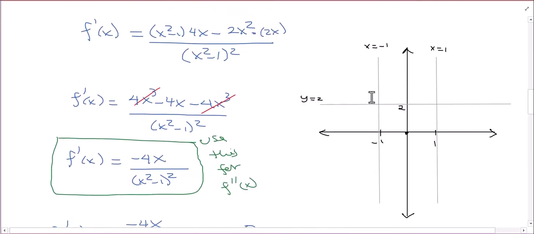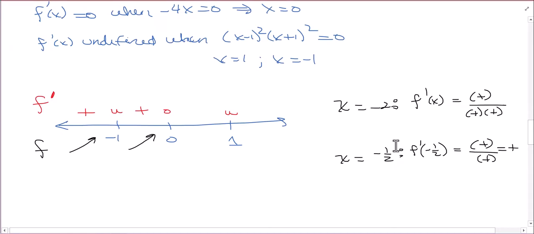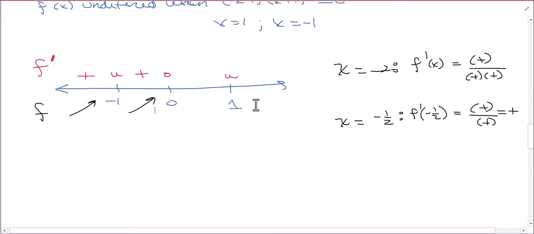So going back over here, we know in here it's increasing, and then between -1 and 0, it's also increasing. So what does that look like? And then something between 0 and 1, pick +1/2.